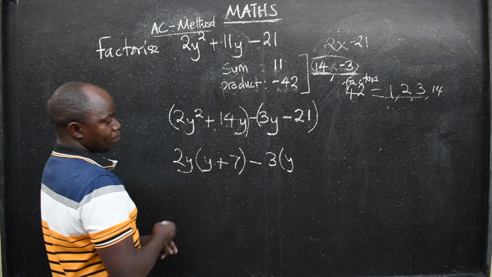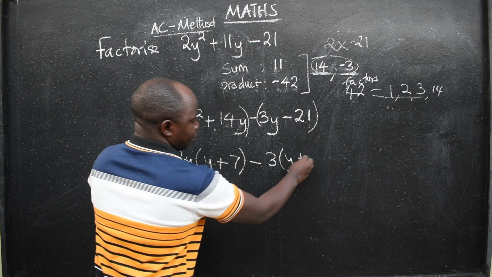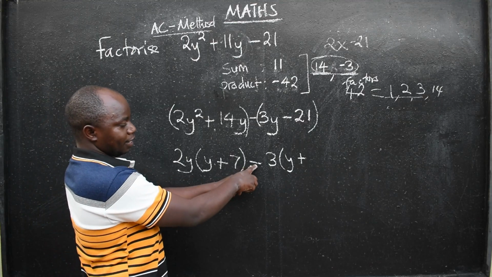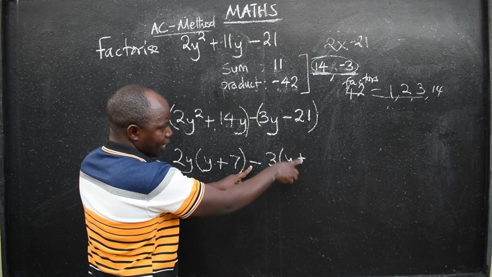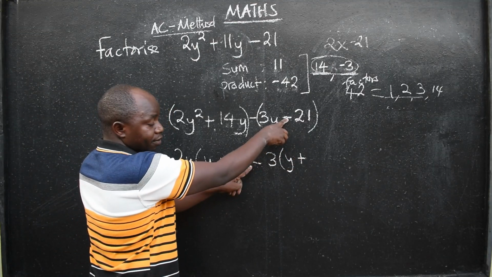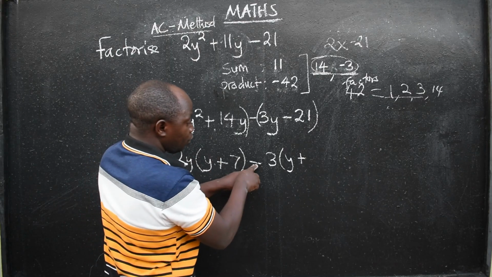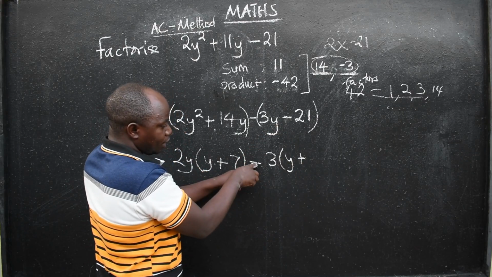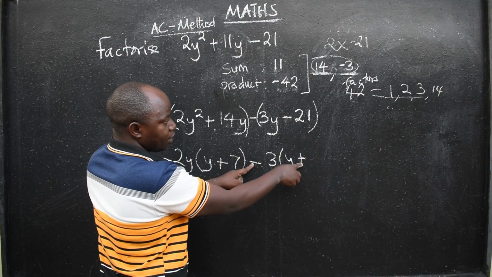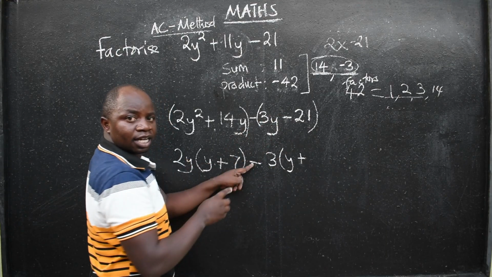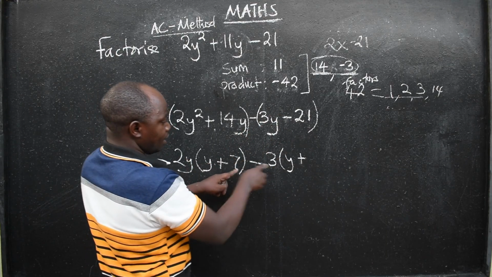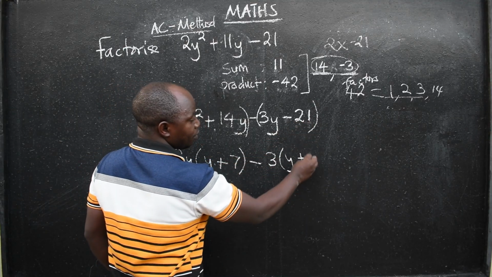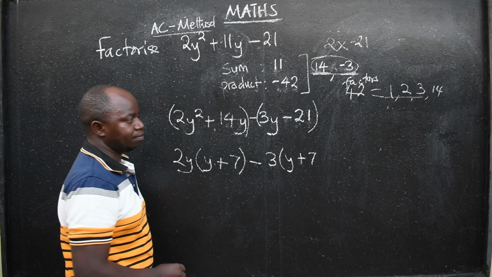Then plus, y plus here instead of minus. Remember there's a minus here. So if you put minus here, it will change this. So be very careful there. So to get the negative here, there should be a plus here. So that negative and positive will give you a minus. Are you getting me? Alright, then 3 into 21 will be 7.